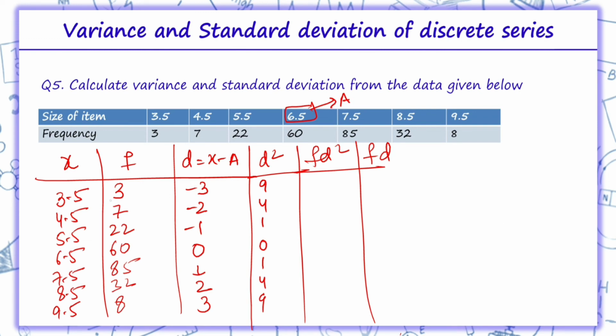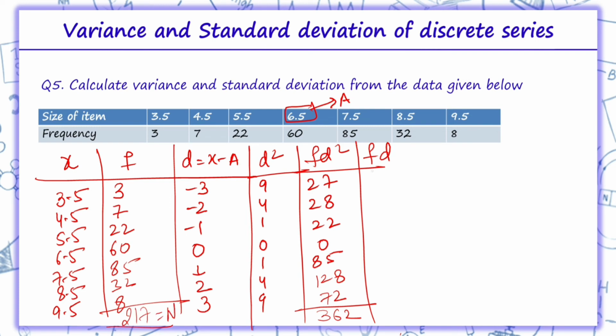Then f into d square: 3 into 9 is 27, 7 into 4 is 28, 22 into 1 is 22, 0, 85 into 1 is 85, 32 into 4 is 128, and 8 into 9 is 72. The sum comes out to be 362, and the sum of f is 217, which is n. Then we'll do f into d.